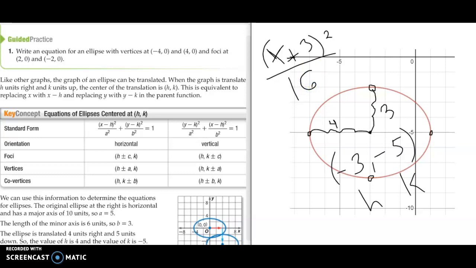Then I'm going to add y minus, there we go, k. Oh, my k value is negative 5, so that's going to be a double negative. Don't forget to square that. Oops. That's supposed to be a squared. Let me try that again, sorry.